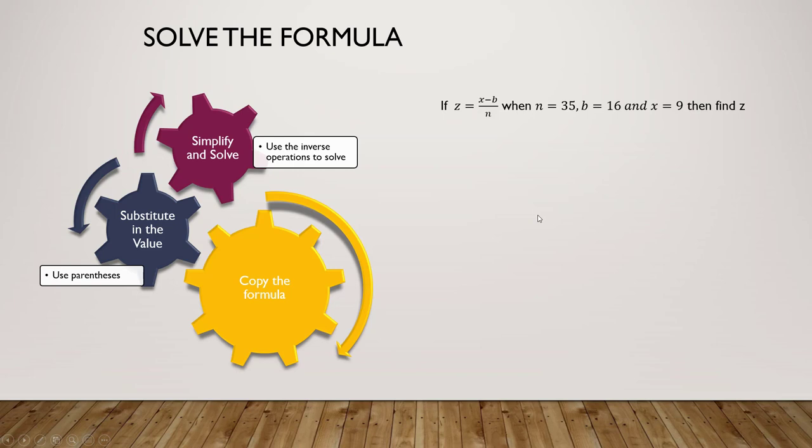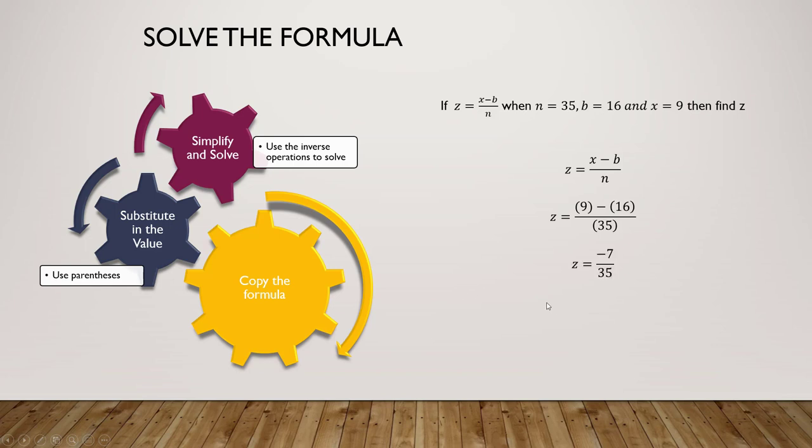In our first example, we have z is equal to the quantity x minus b over n. When n is equal to 35, b is equal to 16, and x is equal to 9, find z. So writing out the formula first, we will then put in our substitutions, being sure to use parentheses. Using the order of operations, I will do 9 minus 16 first.